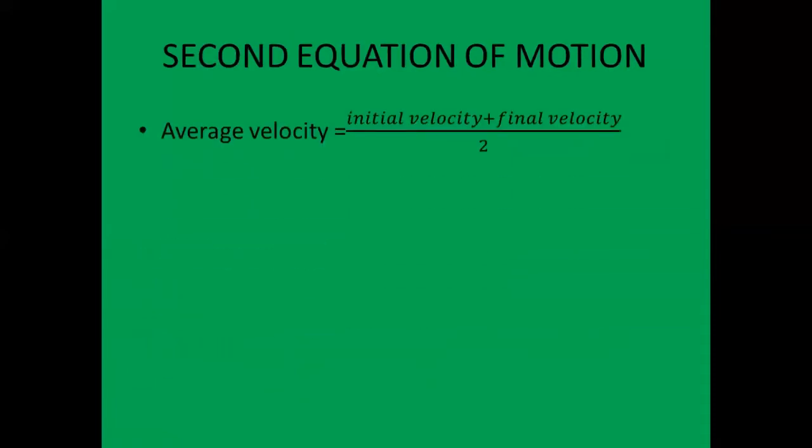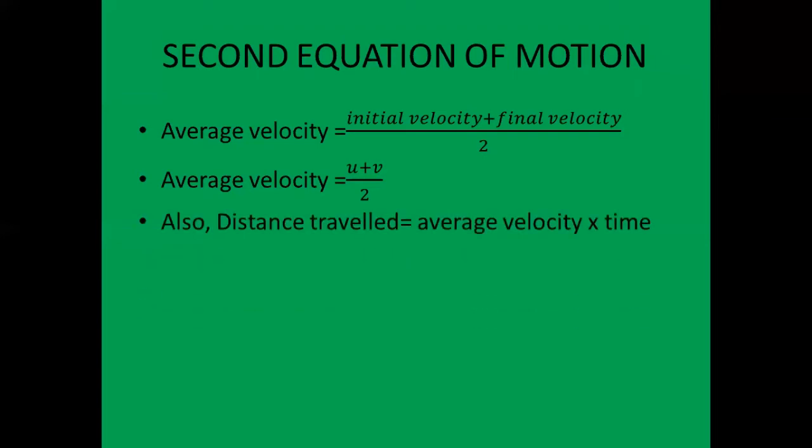We can begin the derivation with the equation of average velocity. We know that average velocity is equal to initial velocity plus final velocity divided by 2, so mathematically (u + v)/2. Also, velocity is equal to distance traveled divided by time taken, so distance traveled is equal to average velocity times time taken.